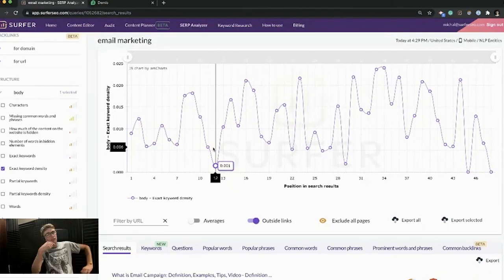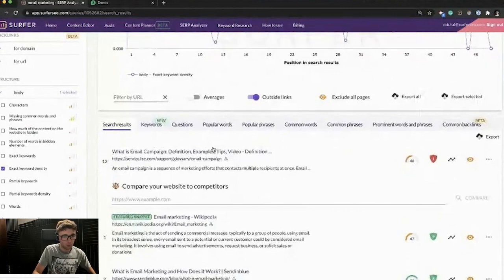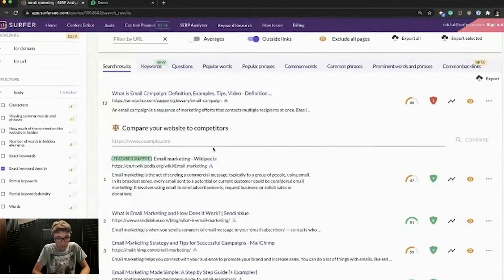So what's the next step if I see that I am under or over optimized? Before we dive into finding places where I should add or remove from, we should take a look at the top 10 by scrolling down to find out that there is Wikipedia ranking on position 1. And it is definitely not our competitor.